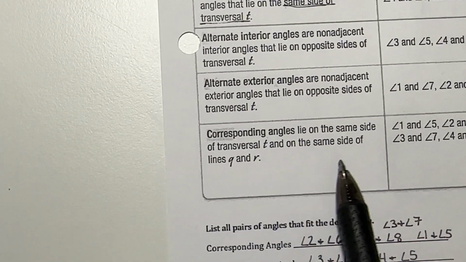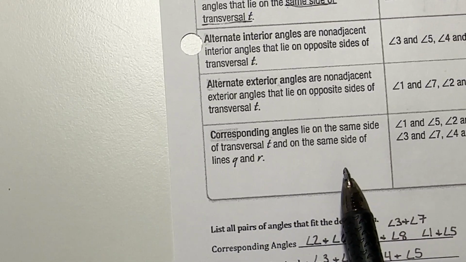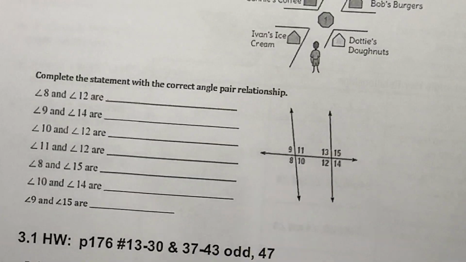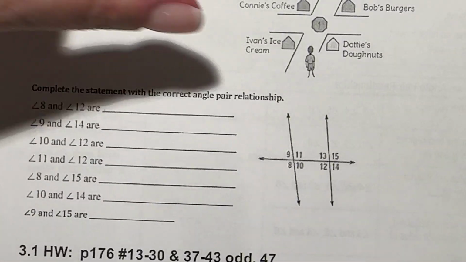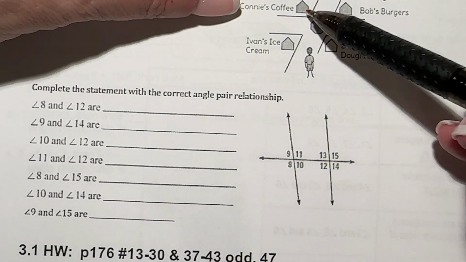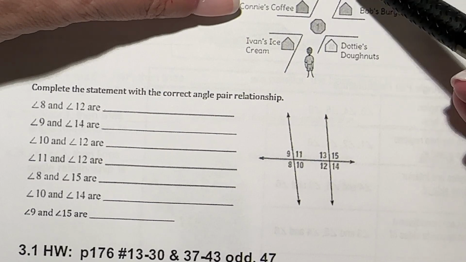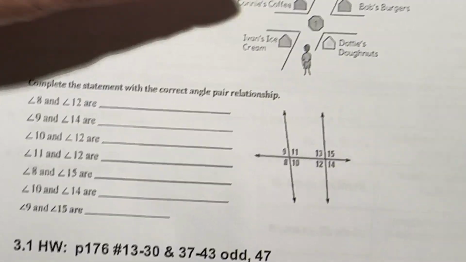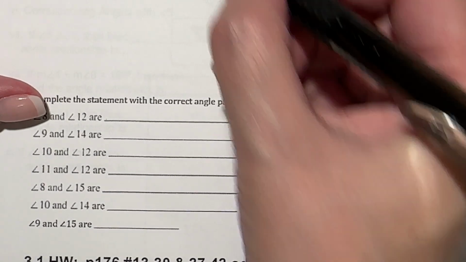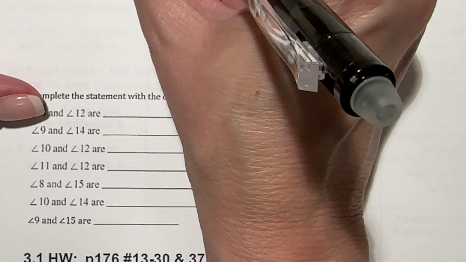Corresponding angles lie on the same side of the transversal and on the same side of Q and R. Okay, so ones that correspond. Kathy's coffee and Connie's coffee. Ooh, they're both above their lines and they're both on the left-hand side. So let's correspond. Now I can't really see a number in there, so I'm just going to write Connie's.